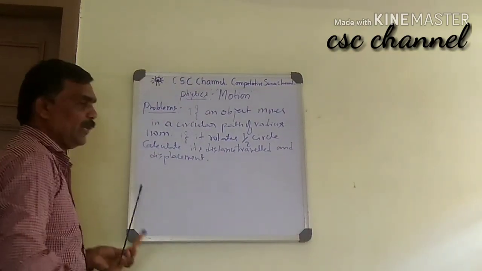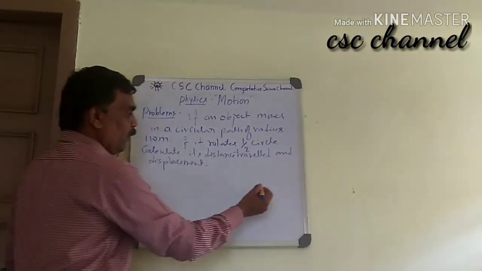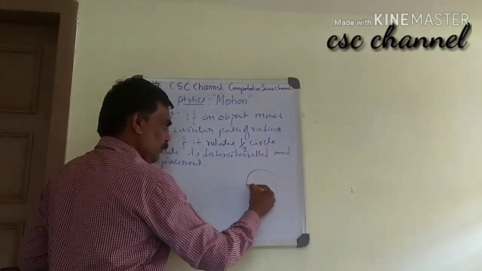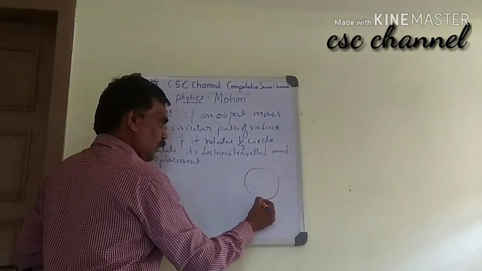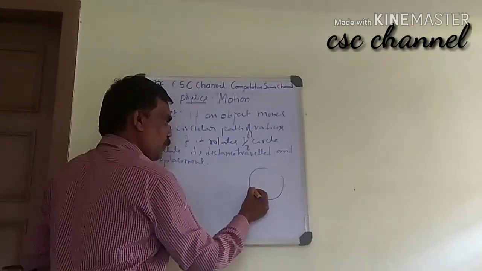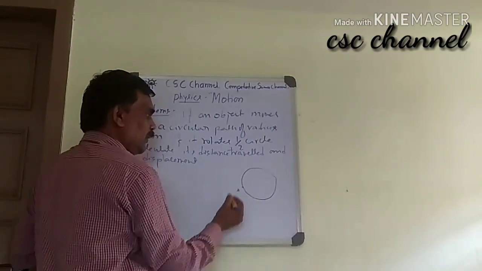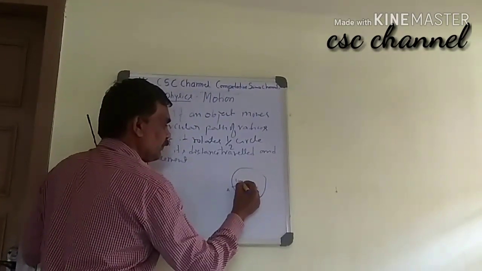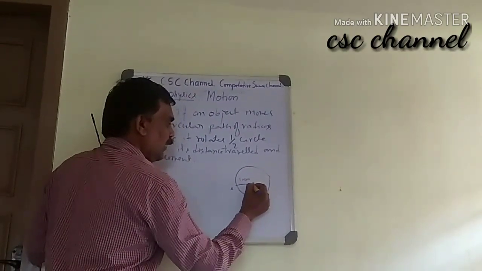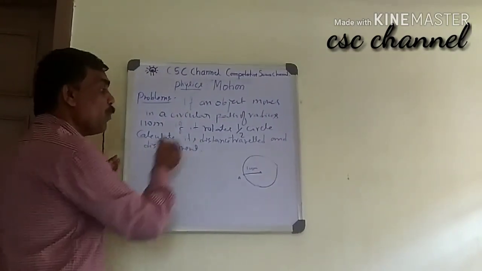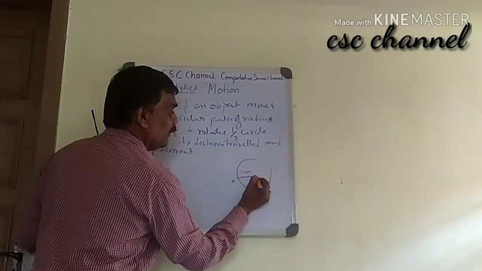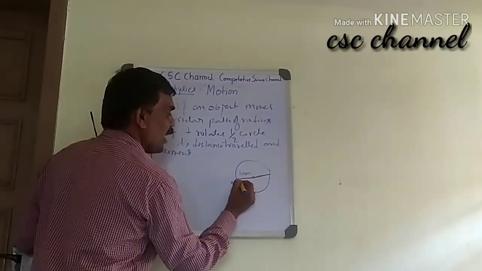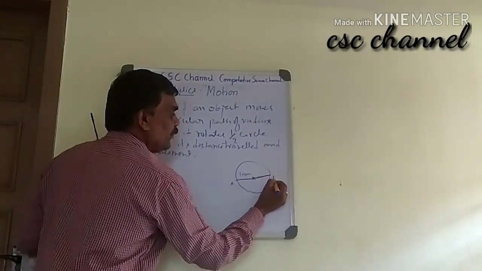For this, we have to take a rough diagram. This is a point A of radius 100 meter. Then if it moves half circle, means exactly the diameter of this place.